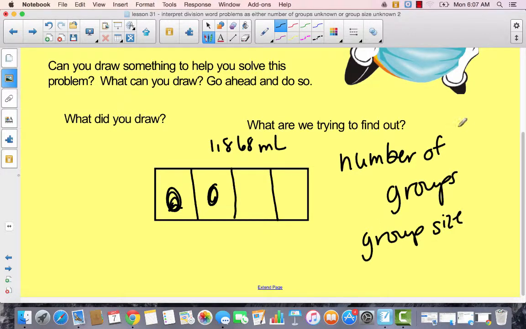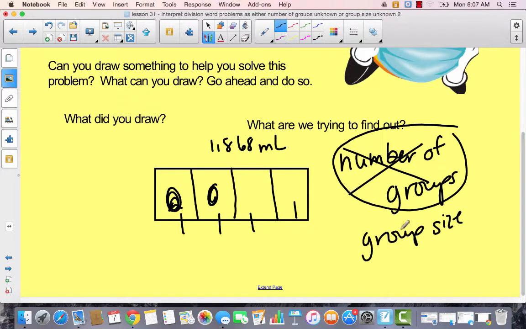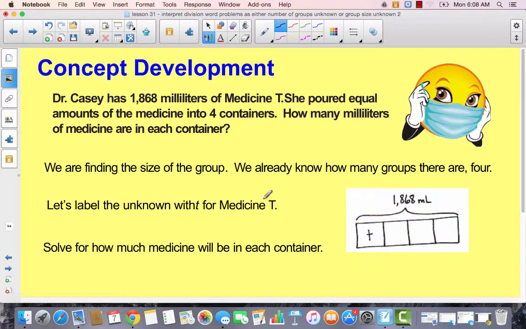Well, do we know the number of groups that we have? We do. We know there's 4 groups. There's 1, 2, 3, 4 containers. So we're not trying to find out the number of groups. We're trying to find out the group size. We want to know how much is in each group. So for this particular one, we want to know the size of the group.